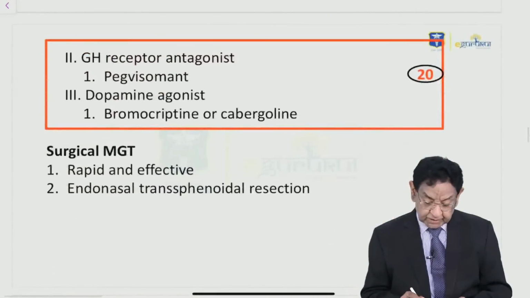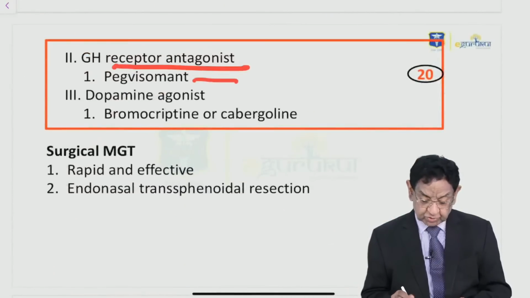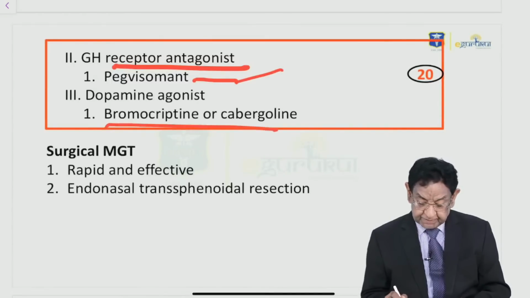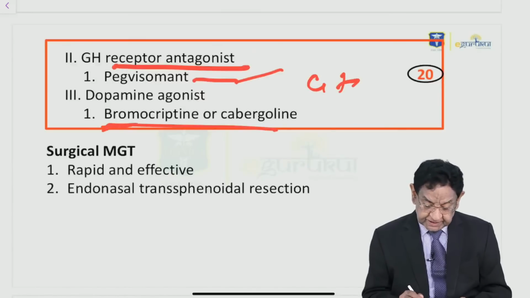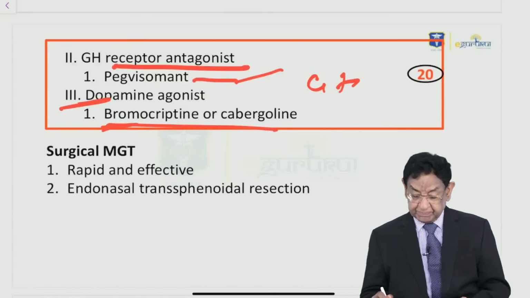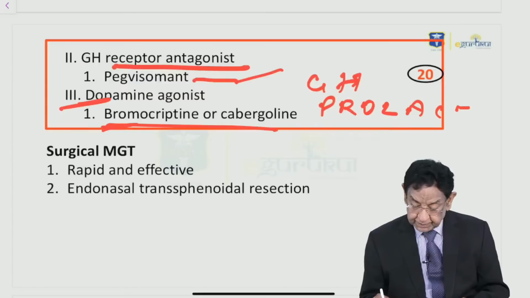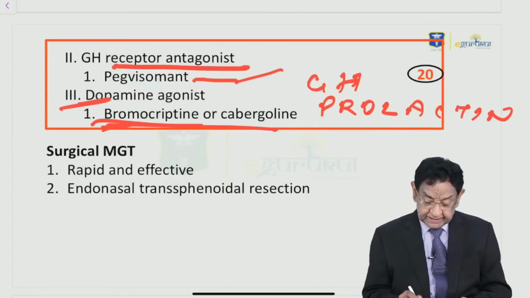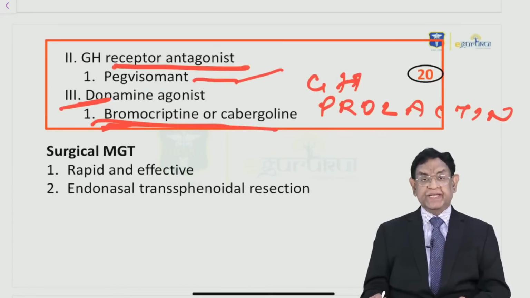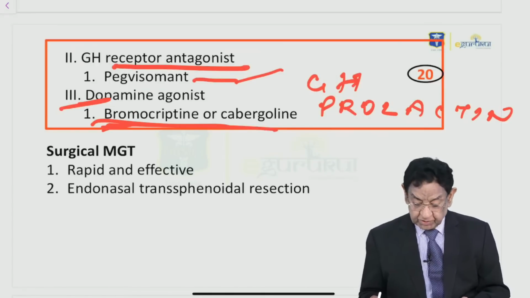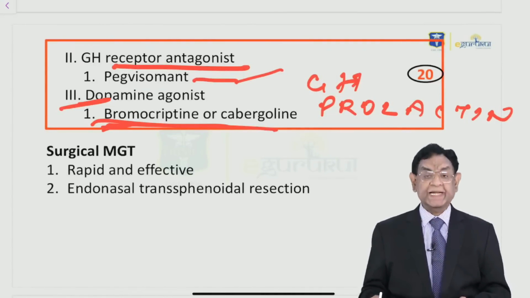Then we have a growth hormone receptor antagonist, pegvisomant. This is a second line treatment. And dopamine agonists like bromocriptine, because growth hormone is often co-secreted with prolactin. So we give bromocriptine or cabergoline to reduce prolactin level.